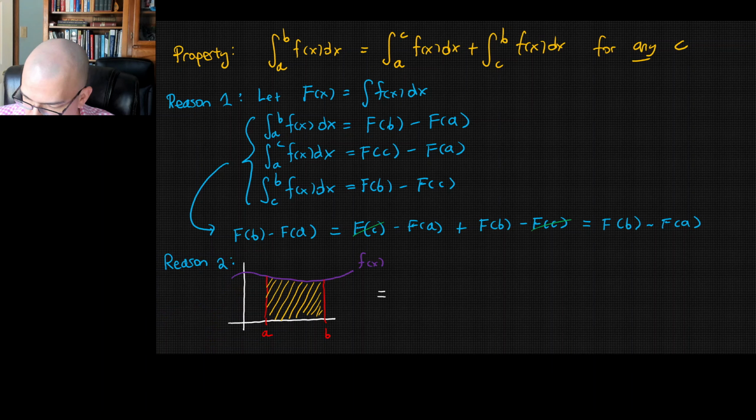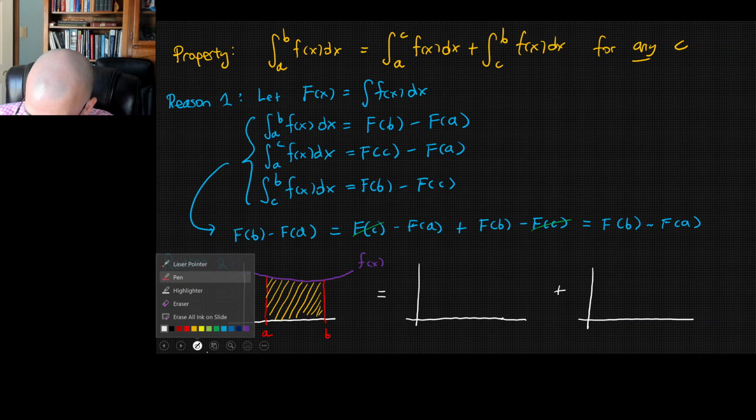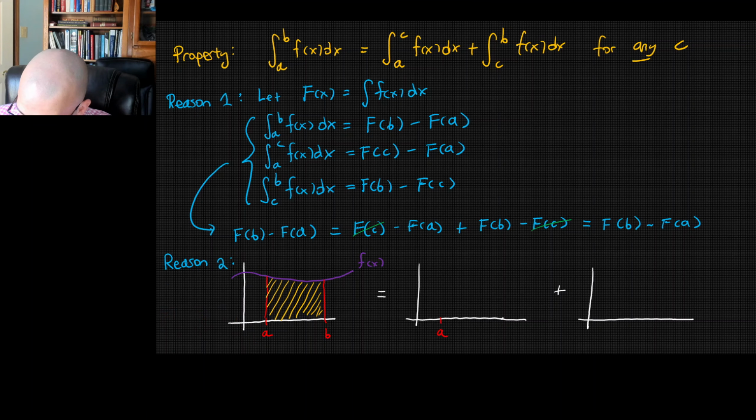we'll draw two more graphs. I'm going to draw that function twice more. I'll do my best to make it the same. Okay, I'm also going to put in C in here.